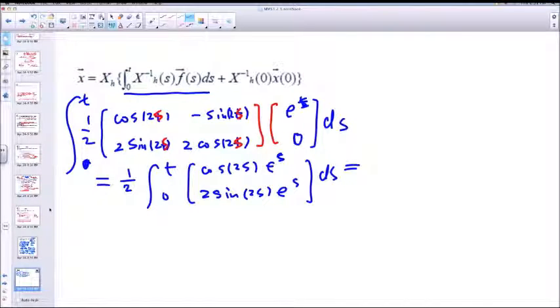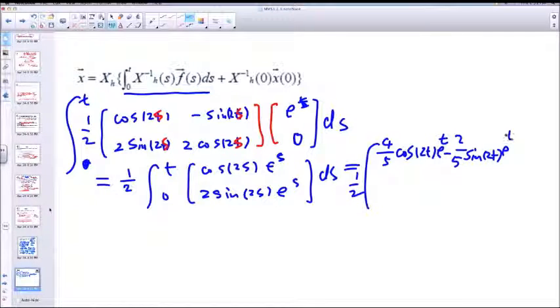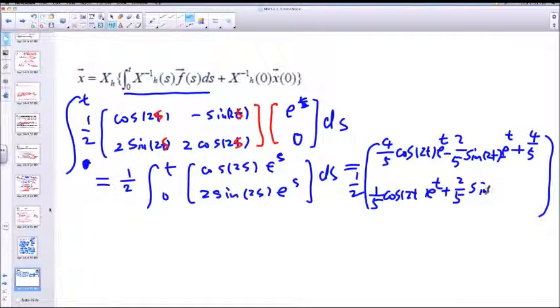And this integral is going to be 1/5 cosine 2t e^t plus 2/5 sine 2t e^t minus 1/5, with the 1/2 outside, and the other one is going to be 2/5 cosine 2t, 1/5 sine 2t e^t minus 2/5.